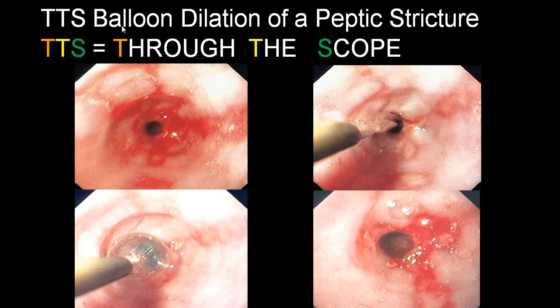Then in a case of a stricture, you can go for balloon dilatation. It is called through the scope balloon dilatation.